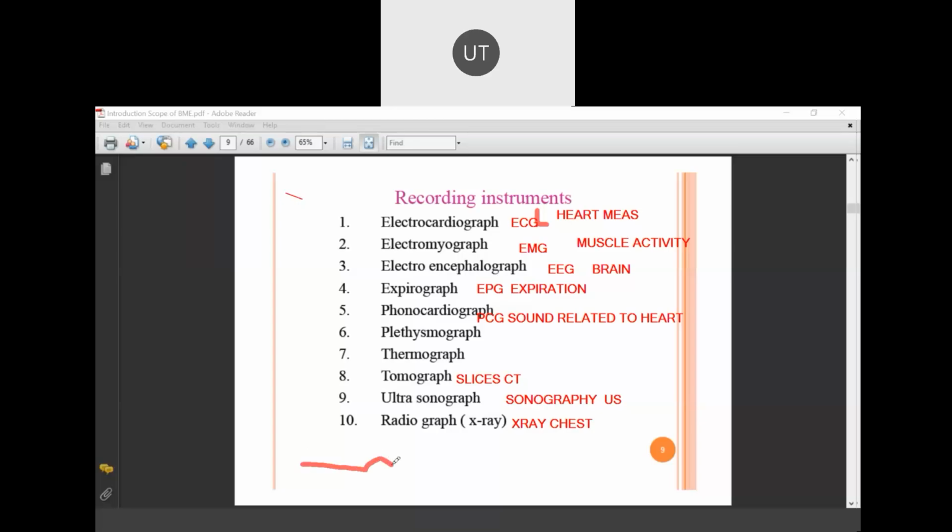This is P, Q, R, S, T. This is called the PQRST waveform. That you will study. So this is about the recording instruments.